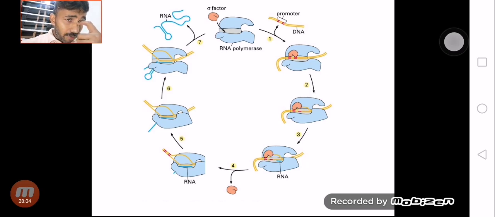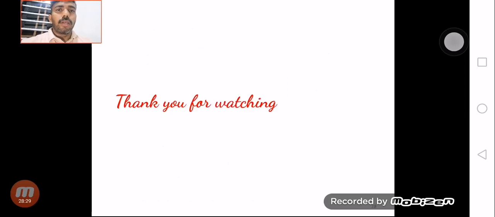So normally, once a short stretch of the RNA is synthesized, the ribosome machinery will catch up with the RNA molecule and begin to synthesize proteins from it, right? So while transcription occurs, translation would also have occurred in the bacterial system. Fine. So that's about this part, and I hope you understood some idea about prokaryotic transcription, and thank you for watching.